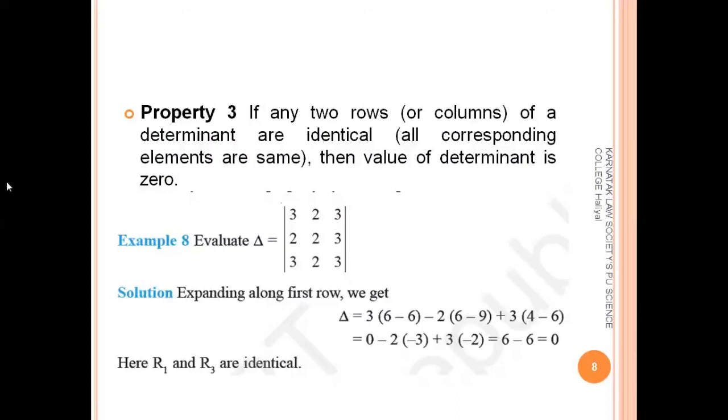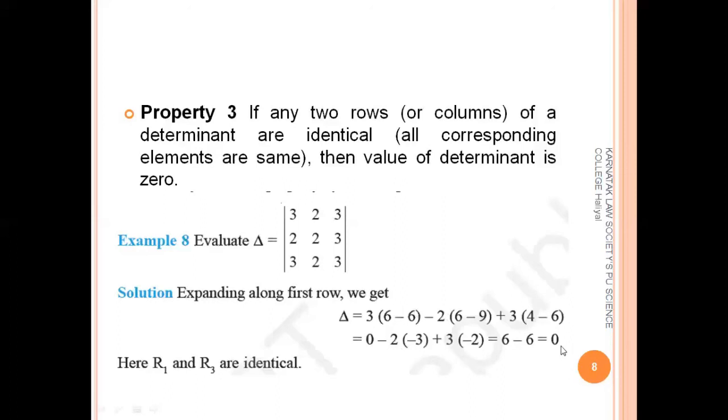See here the example. The determinant given here is 3, 2, 3, 2, 2, 3 and 3, 2, 3. Here R1 and R3 are identical, means they contain the same elements, that is 3, 2, 3. Whenever you get any two rows or two columns with the same values, you can directly write the answer as 0.